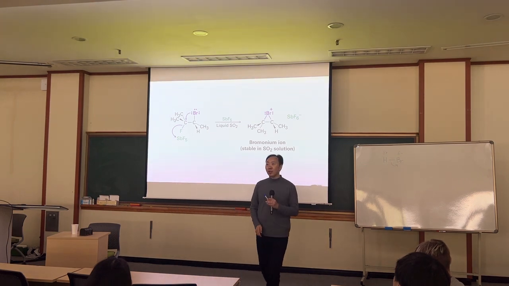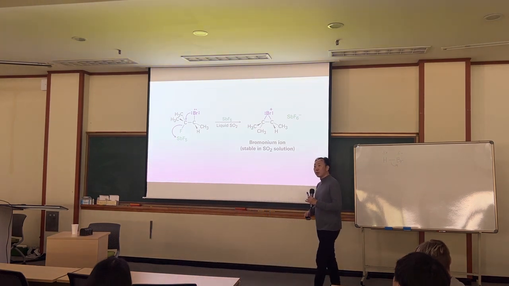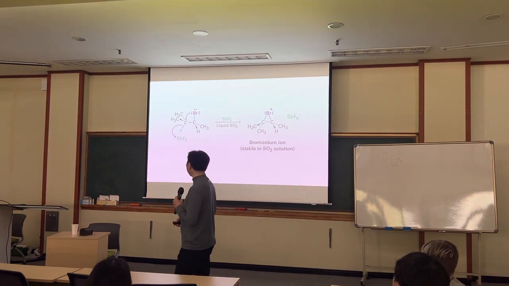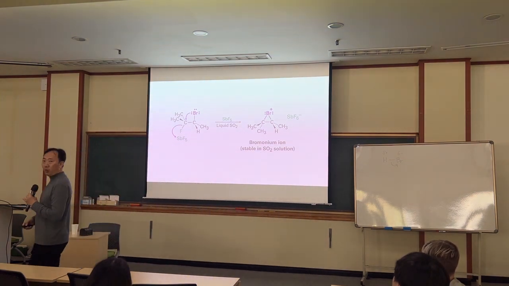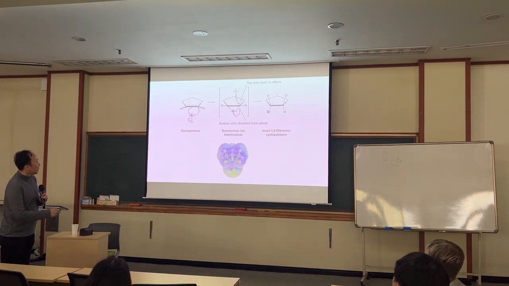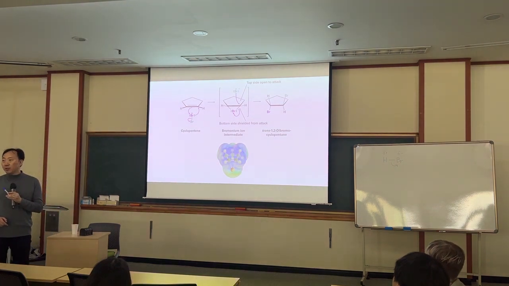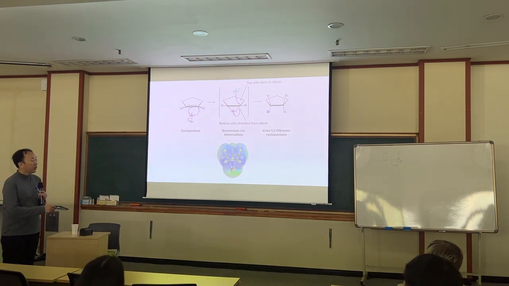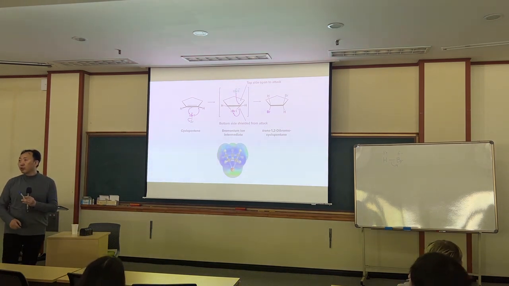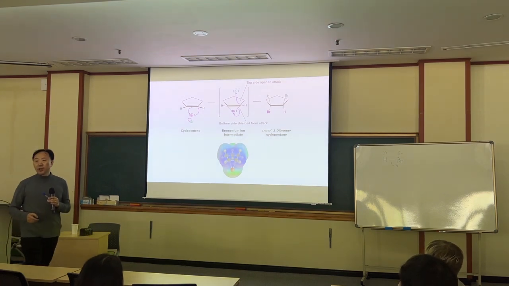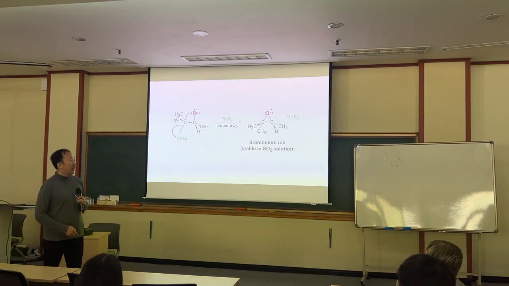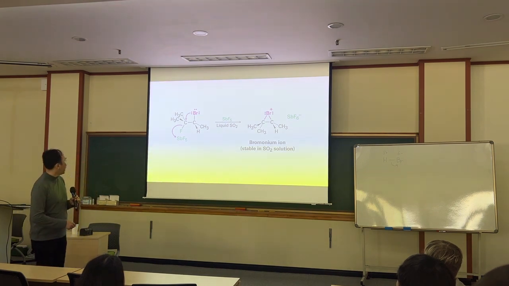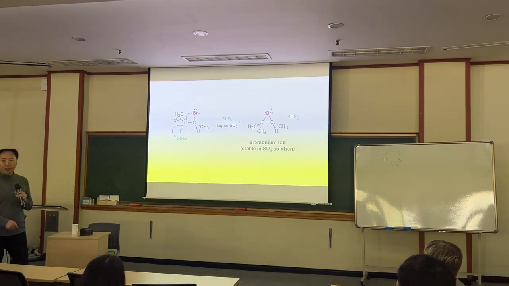Sometime later, actually many years later, this was proved by George Olah, the organic chemist in the US. In all of those cases, he could not isolate this intermediate because if there's any reasonable nucleophile, they finish the reaction anyway. You can see the product, you don't see the intermediate. So he thought, if he removes any kind of good nucleophile, and to do that, he used this kind of intermediate.